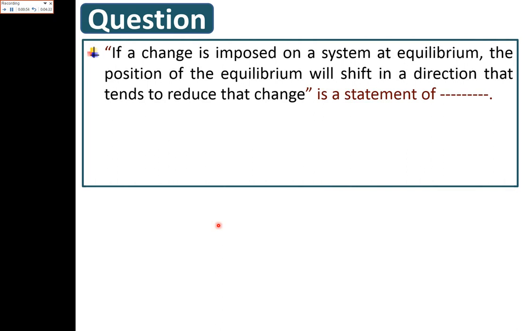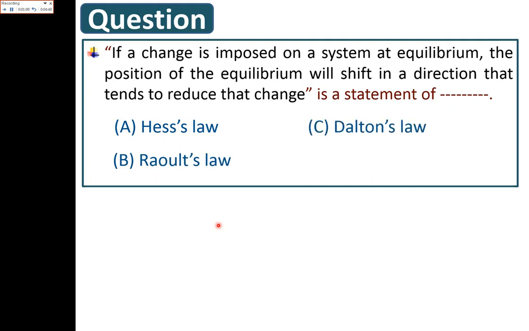So the first question is saying, if a change is imposed on a system at equilibrium, the position of the equilibrium will shift in a direction that tends to reduce that change. This is a statement of what? The first choice is Henry's law. The second choice is Raoult's law. The third is Dalton's law. And the fourth is Le Chatelier's principle.